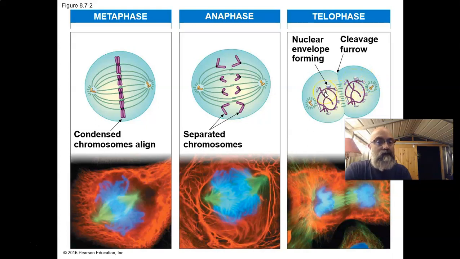They're starting to decondense, right? In telophase, we're going to make a new nuclear membrane around those piles, the 4 chromosomes over here and the 4 chromosomes over there. We're going to make a new nucleus around them. In the next stage, we're going to split the cell, and then we've accomplished everything that we wanted to accomplish.